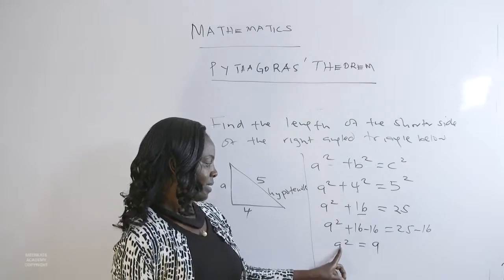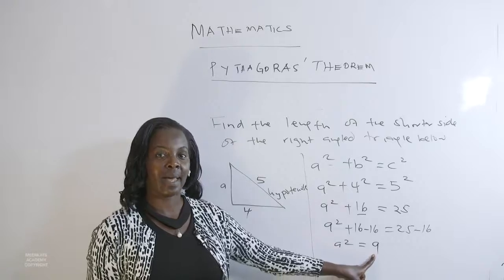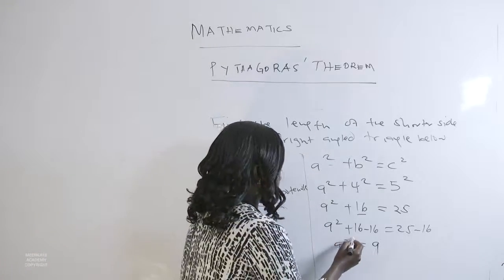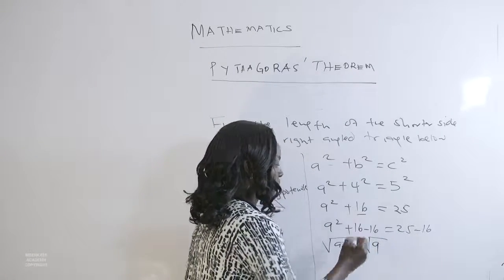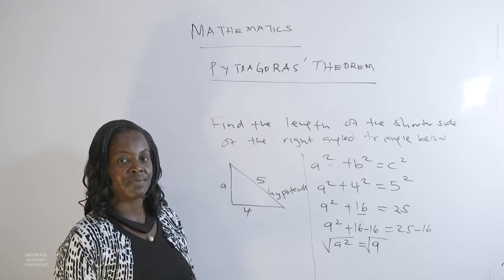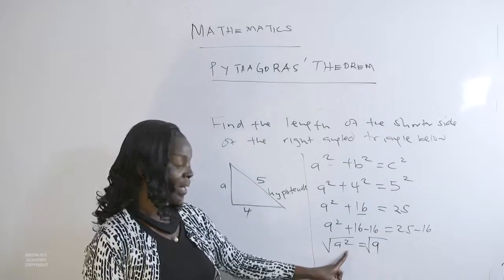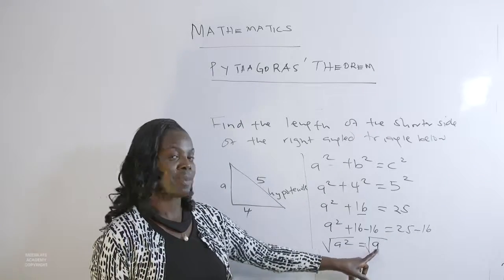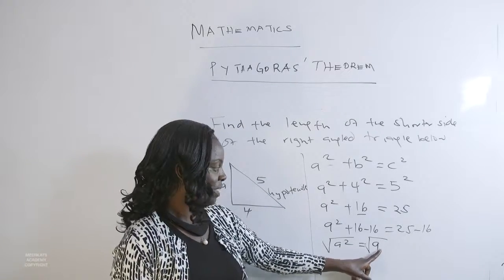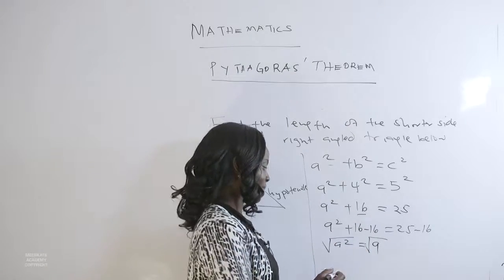So we find that A squared will be 9. For us to be able to find the value of A, we find the square root of A squared, and we must also find the square root of the value after the equal sign.